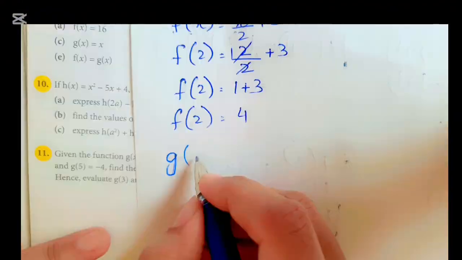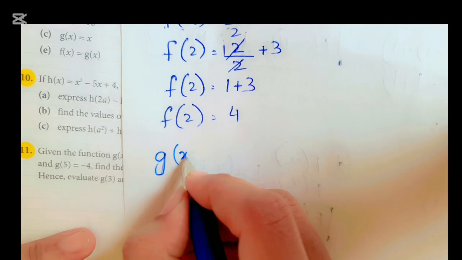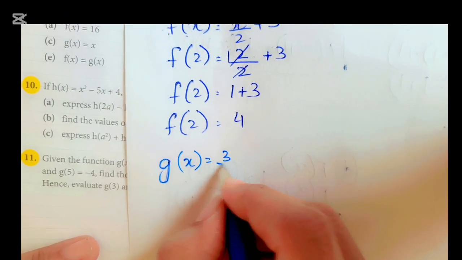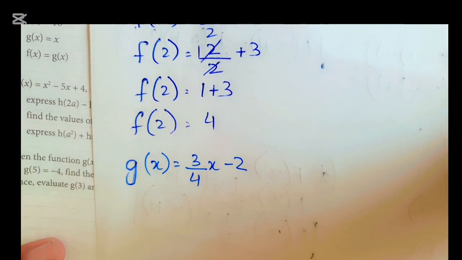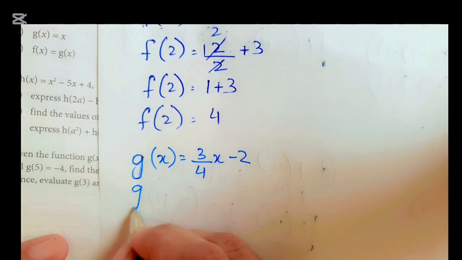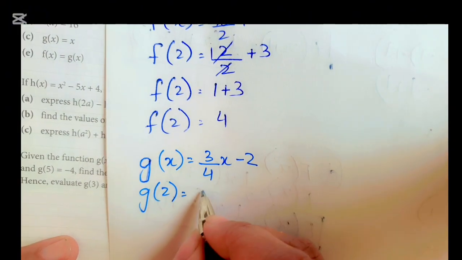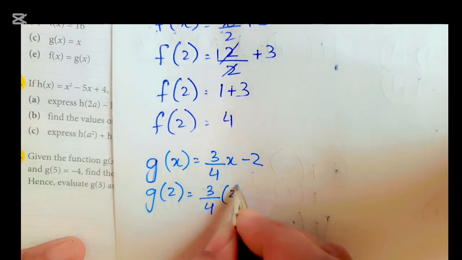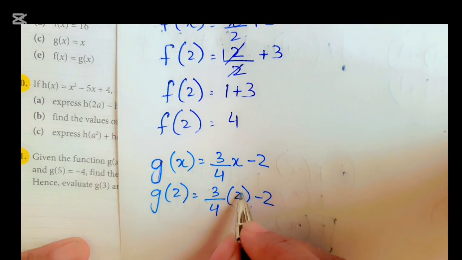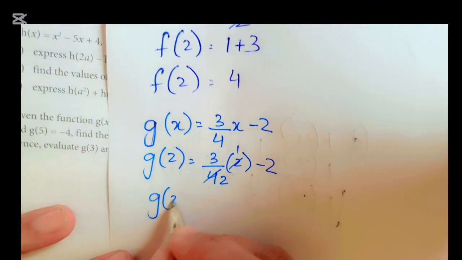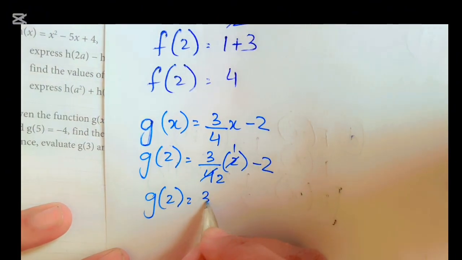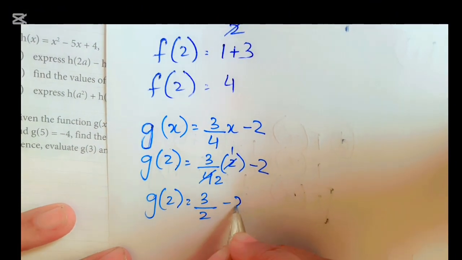Okay, now g(2). The function g(x) = 3/(4x) - 2. Now what we will do, we will use 2 in place of x, and all of the other terms we will write as they are. 2 times 1 is 2 and 2 times 2 is 4. So g(2) = 3/2 - 2.